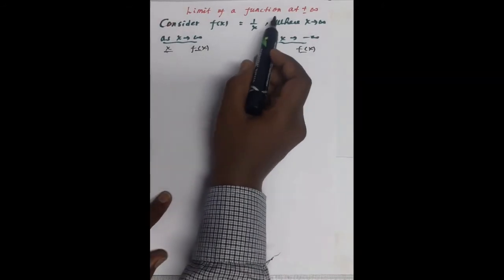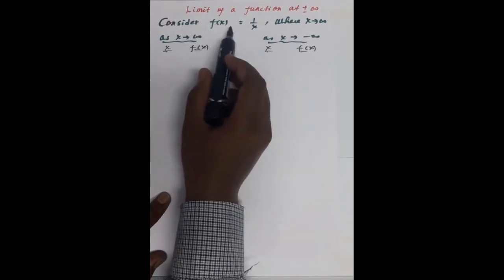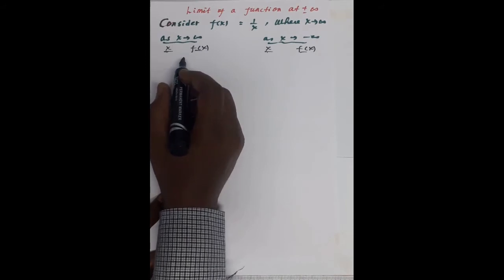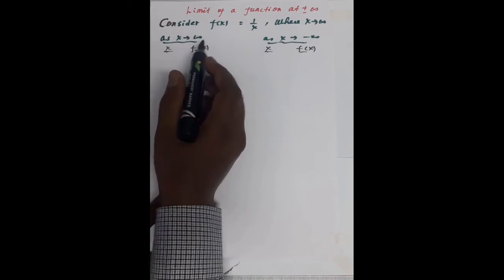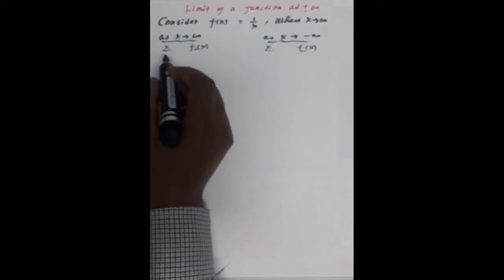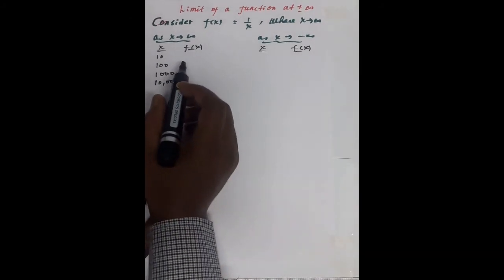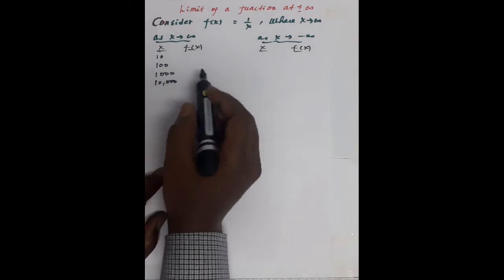Limits of a function at plus or minus infinity. Consider this function 1 over x, where x approaches infinity. As x approaches positive infinity, let us take some points of x: 10, 100, 1000, and 10,000.